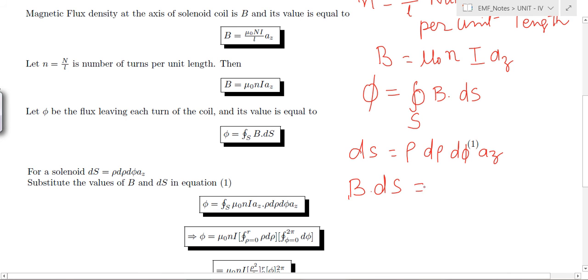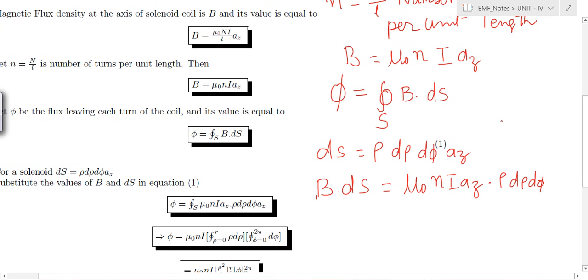That is equal to, B is equal to mu naught N I a_z dot rho d rho d phi a_z, which, because it is the dot product, a_z dot a_z is equal to 1, is mu naught N I rho d rho d phi.